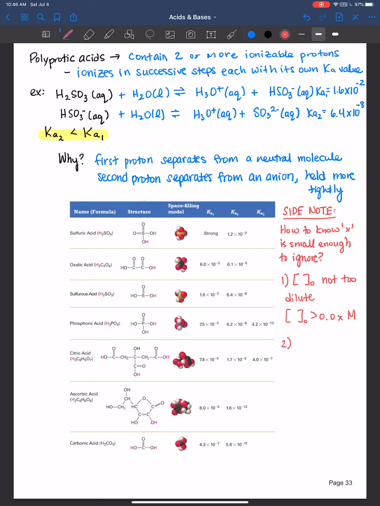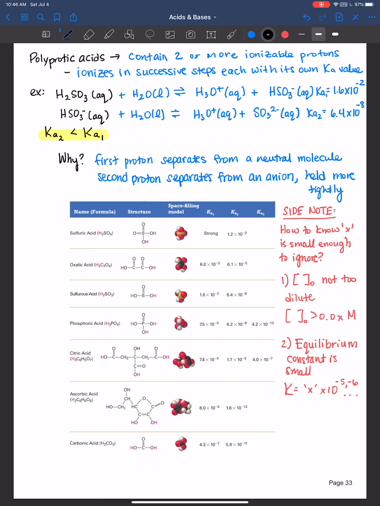In addition, the equilibrium constant must be small. There must not be a huge drive for the forward reaction. So K is equal to some number times 10 to the negative 5th, negative 6. When you have those orders of magnitude and that small of a K value, it's not going to proceed in the forward direction, so x won't change too much.